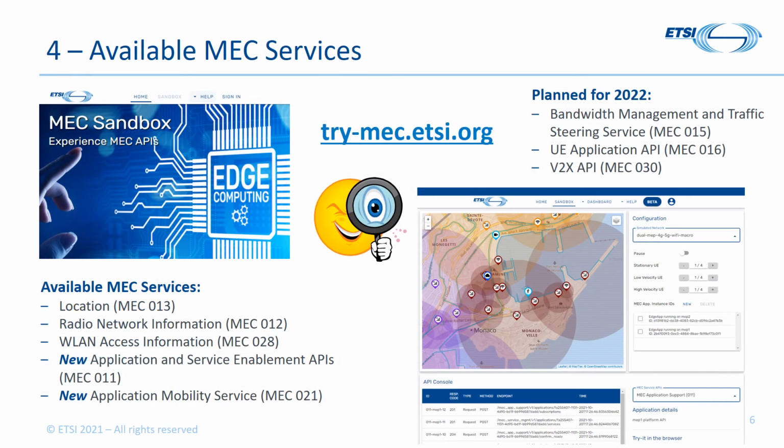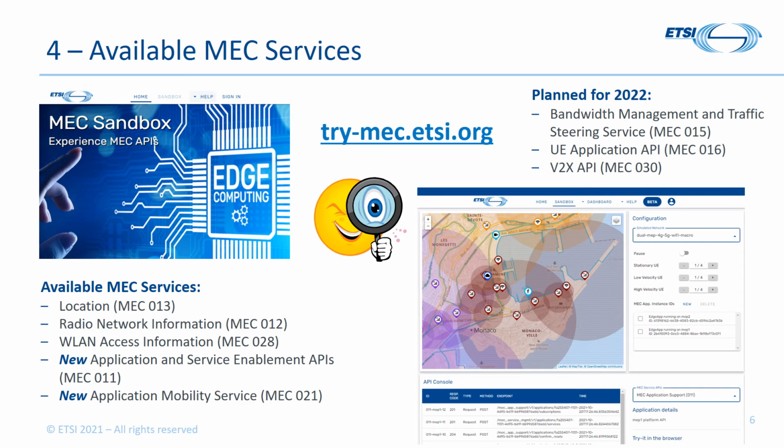Now that we have some familiarity with the MEC Sandbox, let's talk about the MEC services available within the sandbox. When the MEC Sandbox was originally launched in January of 2021, it included the location service specified in MEC 13, the radio network information service specified in MEC 12, and the wireless LAN access information service specified in MEC 28.